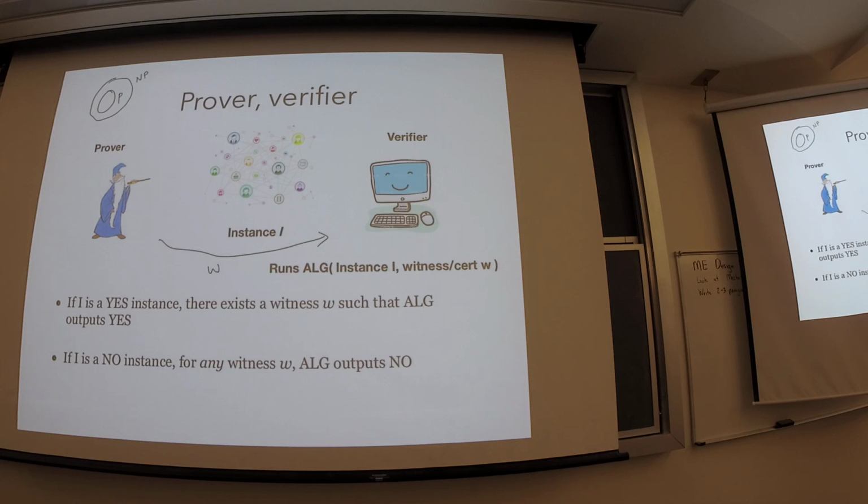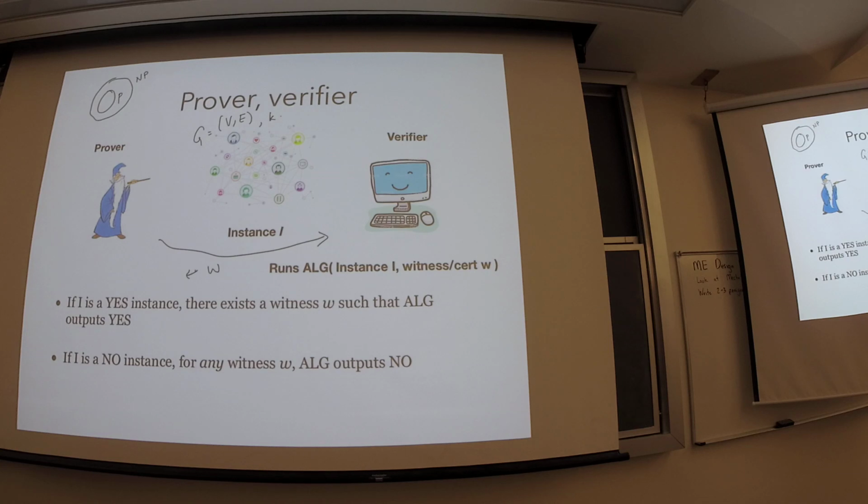What was the difference between the instance of a problem and the solution? So the canonical thing you should think of is the graph itself. In an independent set example, that is the instance. And the witness here would be an independent set of size k. There's also the number k.